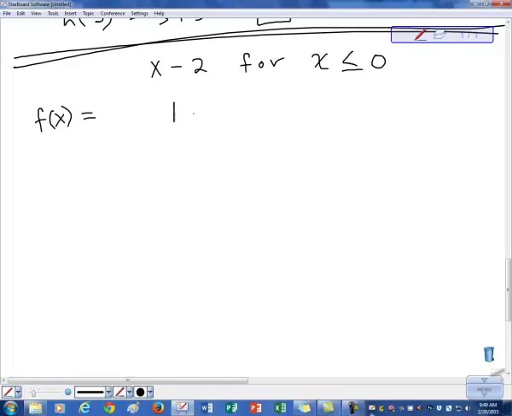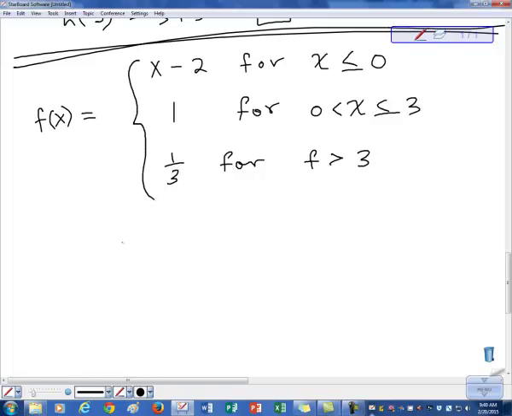And we'll say 1, for x is greater than 0, but less than or equal to, let's say, 3. And 1/3 x, for x is greater than 3.